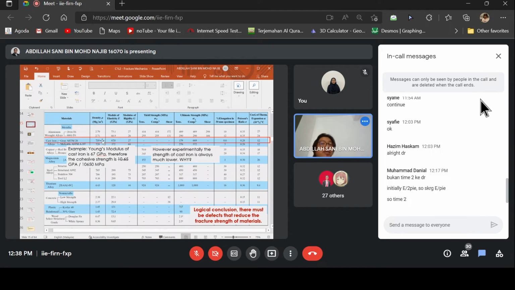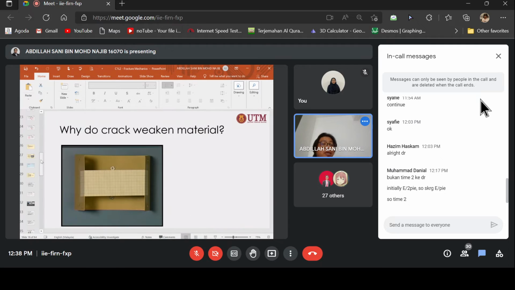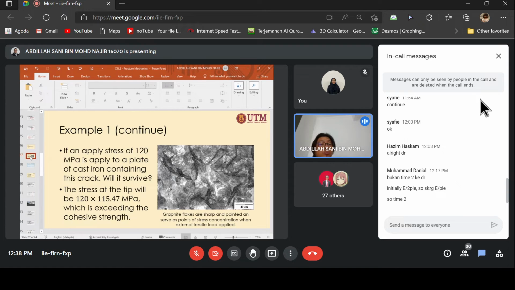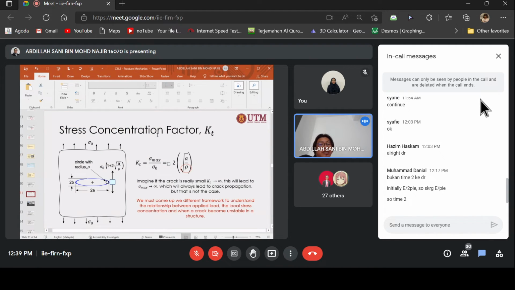And then we talked about how maybe there will be cracks, and when we put that into our calculation, apparently we apply 120 megapascal of nominal stress, but locally, at the tip of the crack, the stress there is not 120 megapascal, but needs to be multiplied by the stress concentration factor Kt.